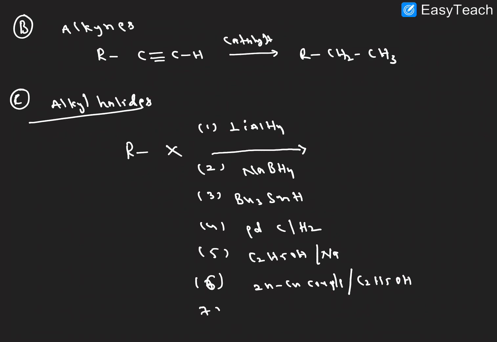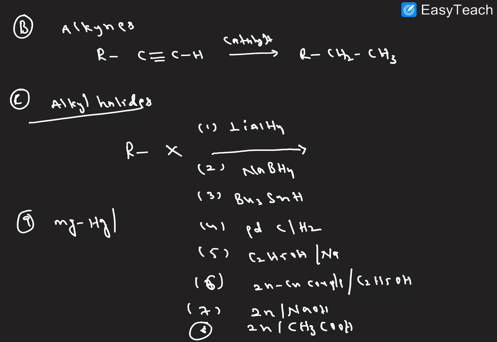The seventh one is zinc plus NaOH. The eighth one is zinc with a weak acid, acetic acid. The ninth reagent is magnesium, mercury and water. So these are the reagents for alkyl halides.